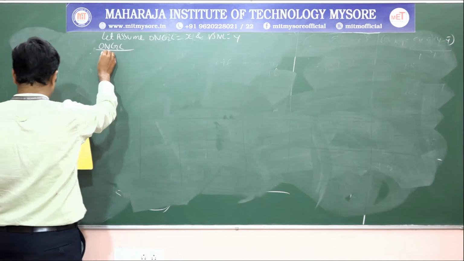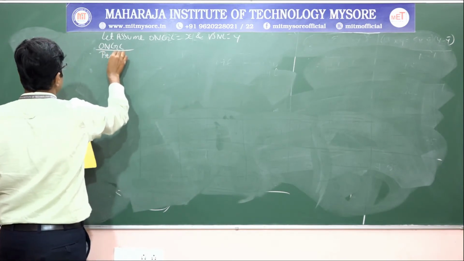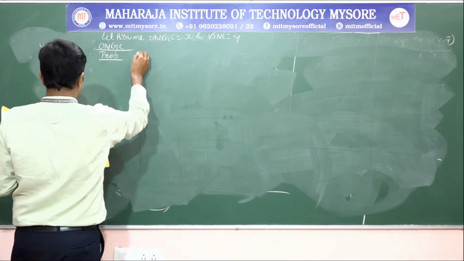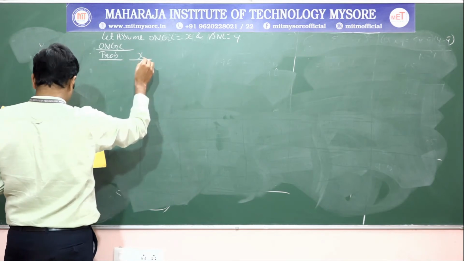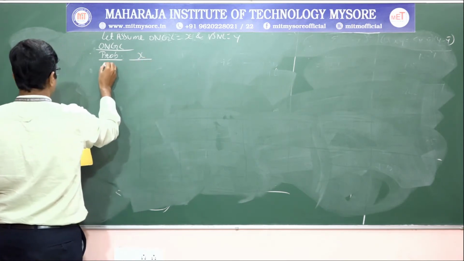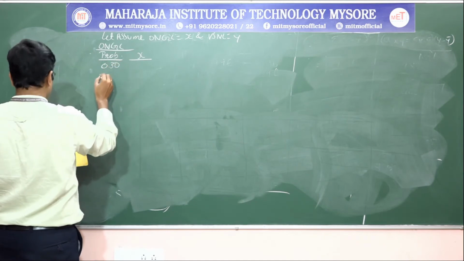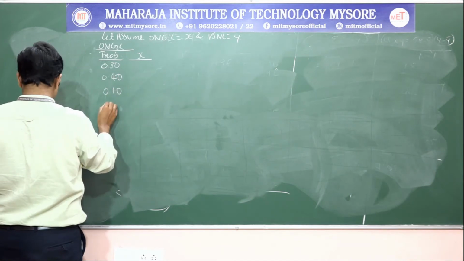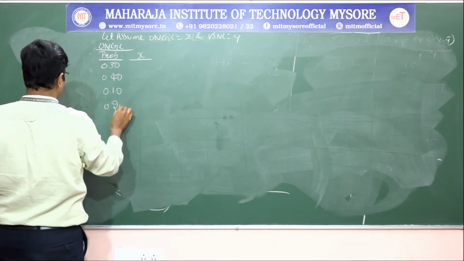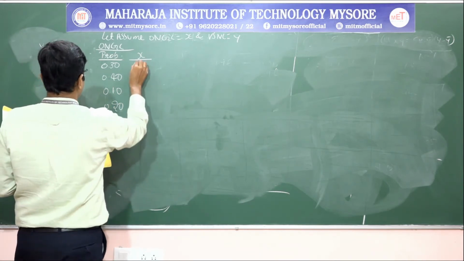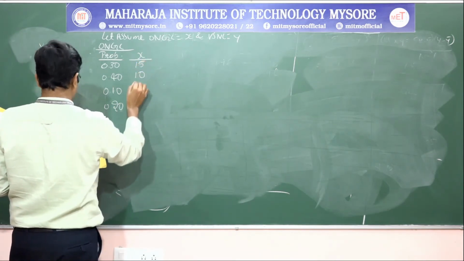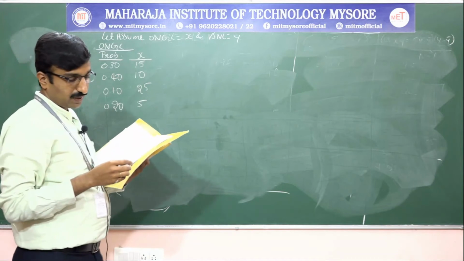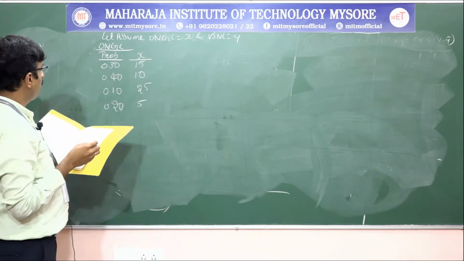They have given the probability, then the X value, that is the return value. 0.30 in terms of proportion, 0.40, 0.10, then 0.20. X is 15, 10, 25 and 5. And the same thing we have to do for VSNL also.